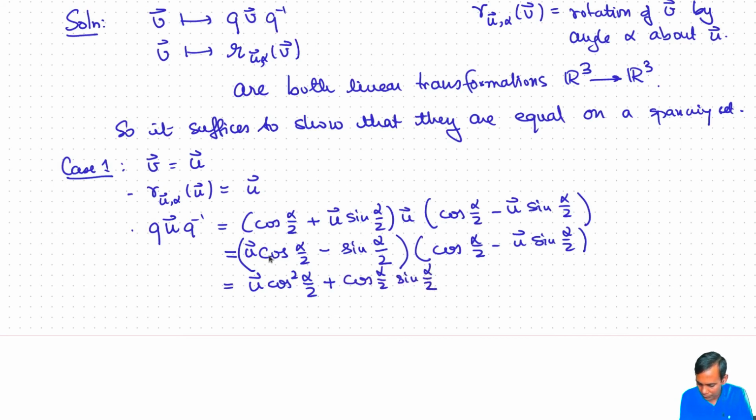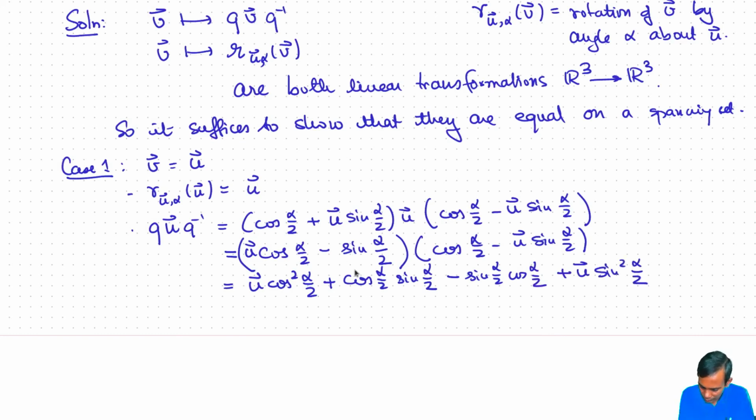And now let's multiply this thing. So here we get again u times, we get minus sine alpha by 2 cos alpha by 2, and then the last term is plus u sine squared alpha by 2.